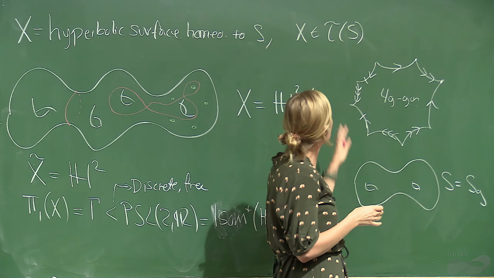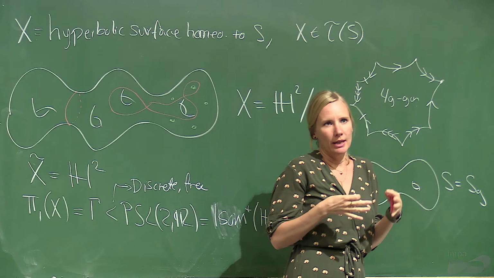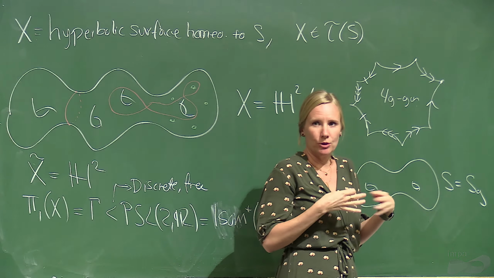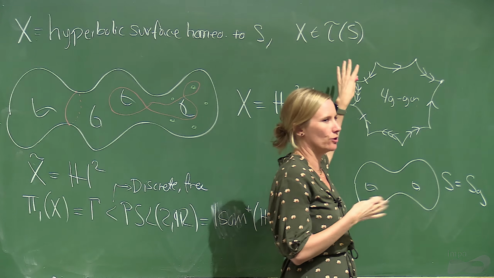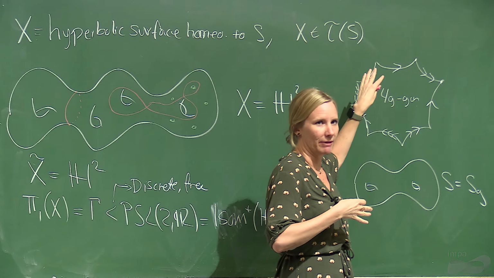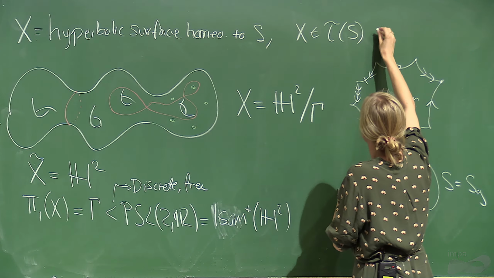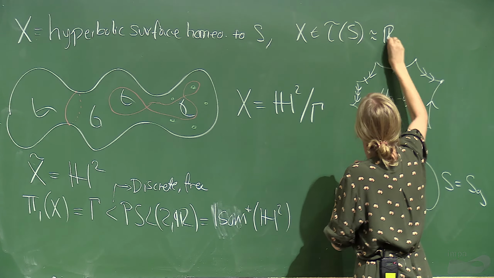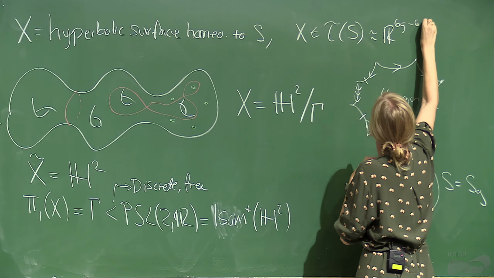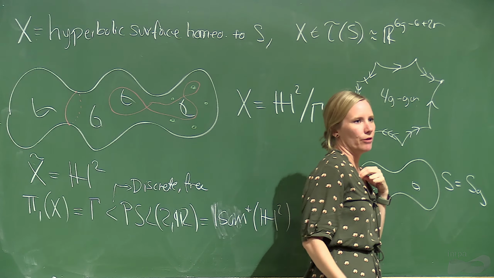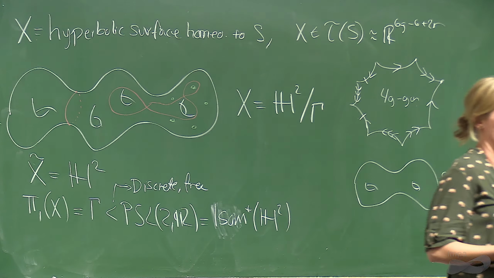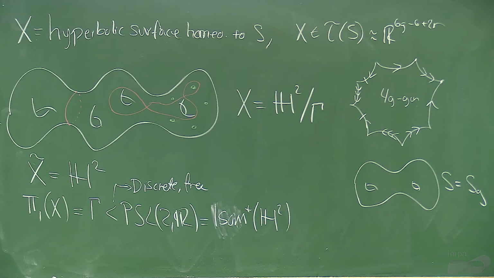If I had a moduli space, it would be all hyperbolic surfaces up to isometry. Here it's up to isometries isotopic to the identity. I'm not really going to talk about Teichmüller space, but there are many of them. There's an R^(6g-6) dimensional family of different metrics you can put on the same surface.